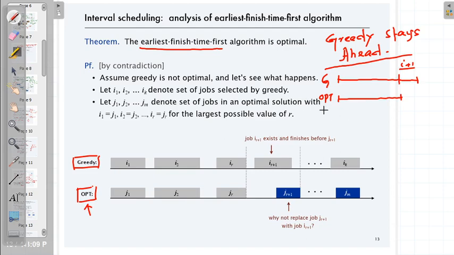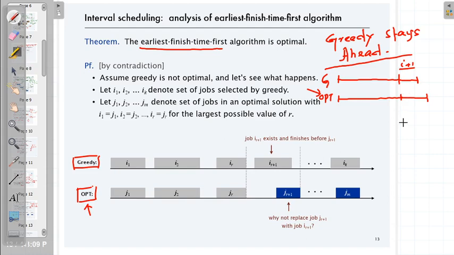And now if opt does anything other than the greedy, then it is choosing a job which does not have the lowest finish time.